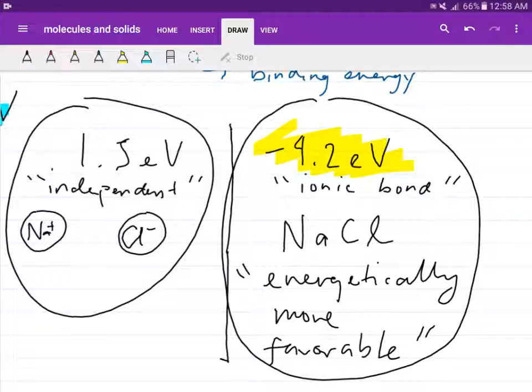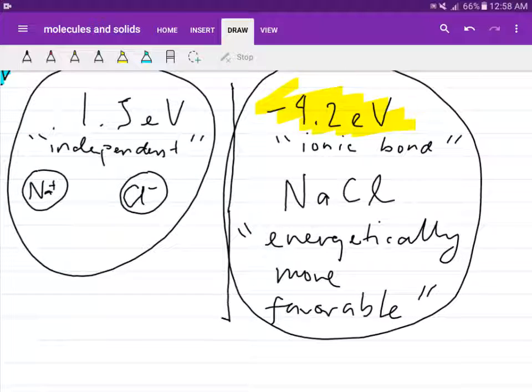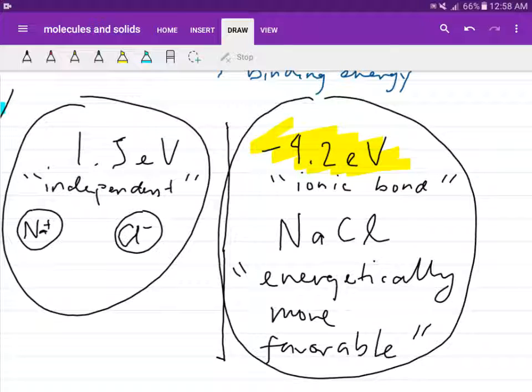So you are more likely to form a salt than independently forming sodium and chlorine ions. So this is how ionic bonds are formed. Ionic bonds are formed simply because it is energetically more favorable.